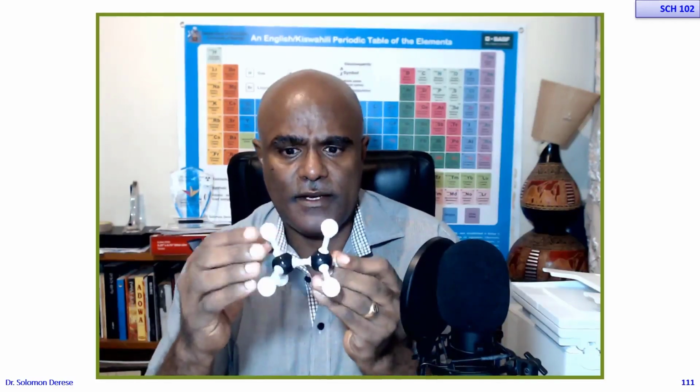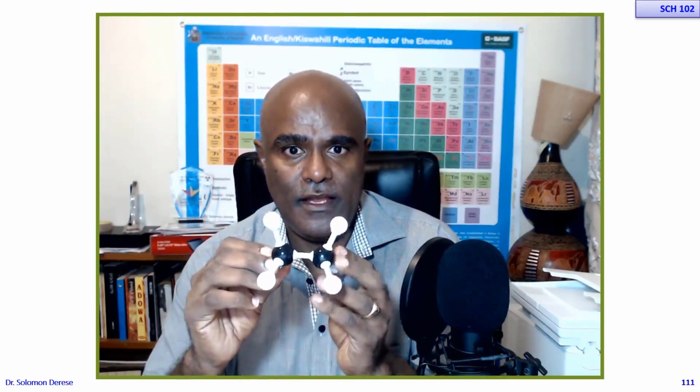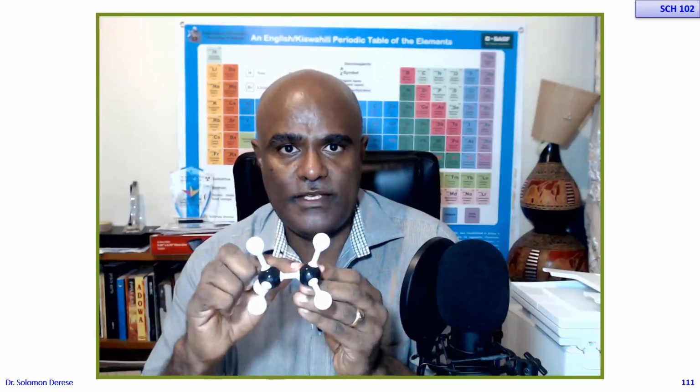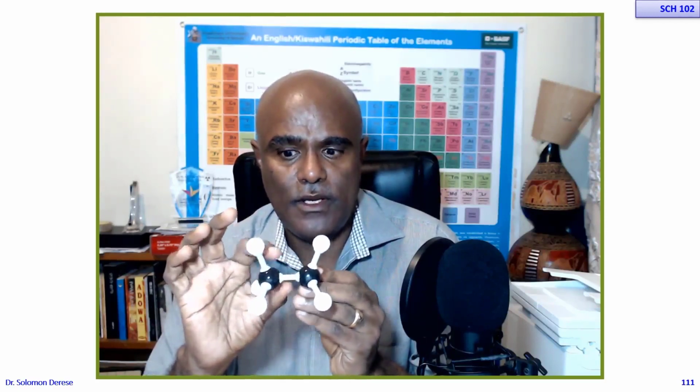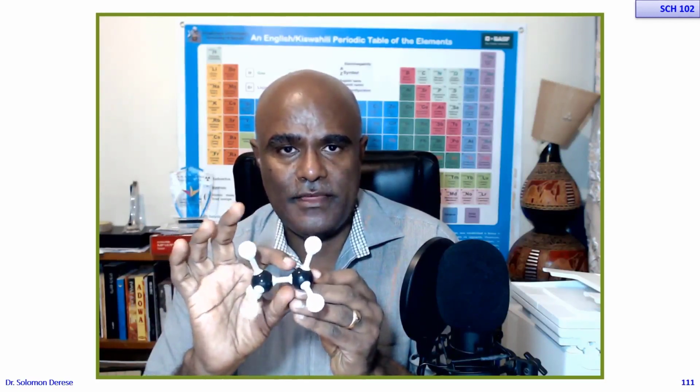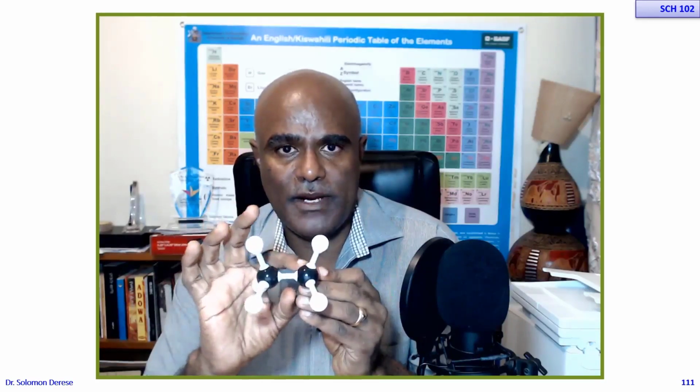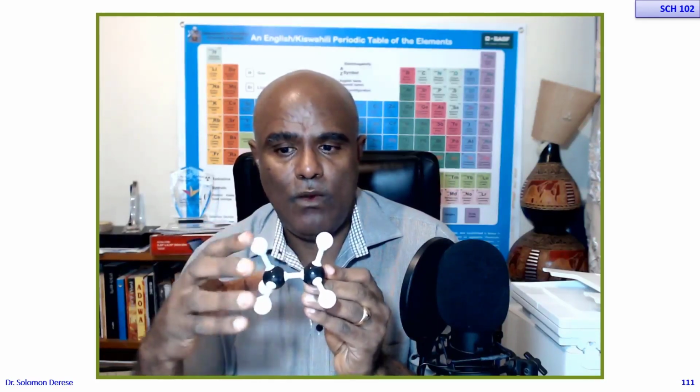So this represents a molecular model of ethane, CH3 and another CH3 carbon, two of these joined to each other through a single bond. The black in this model represents the two carbons, while the whites represent the 6 hydrogens of ethane.